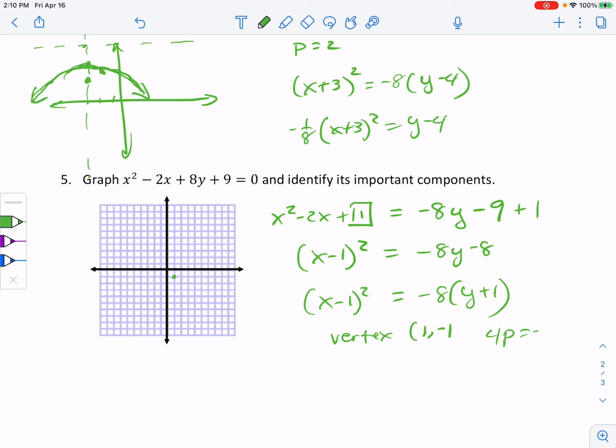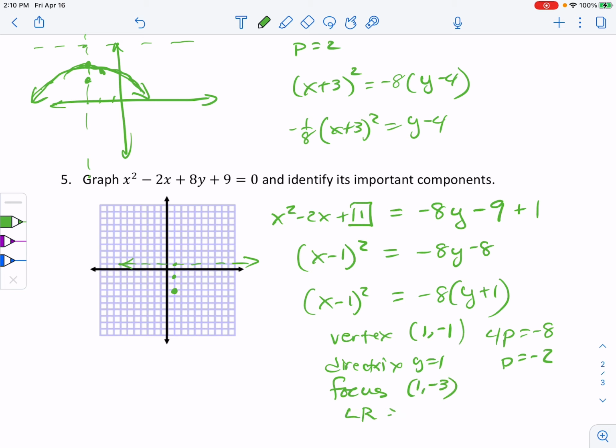4p is equal to negative 8, so p is equal to negative 2 again. So it goes down here. The directrix is here. So directrix is y equals 1. Focus is 1, negative 3.